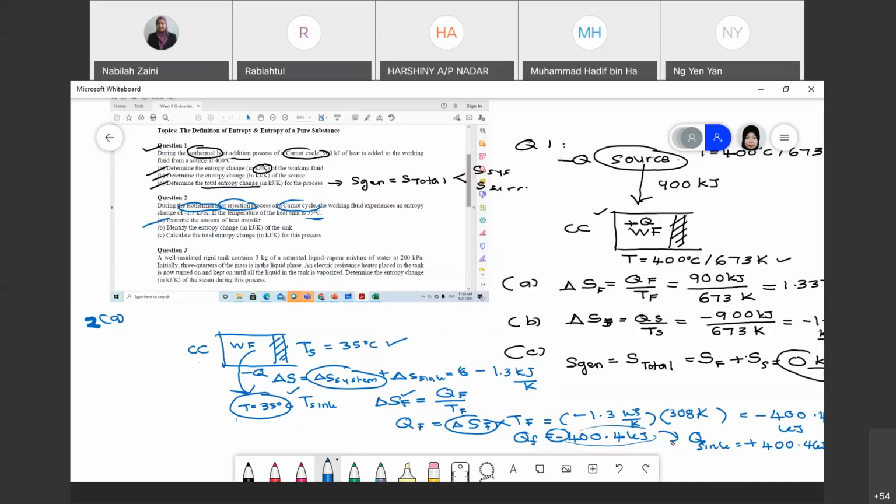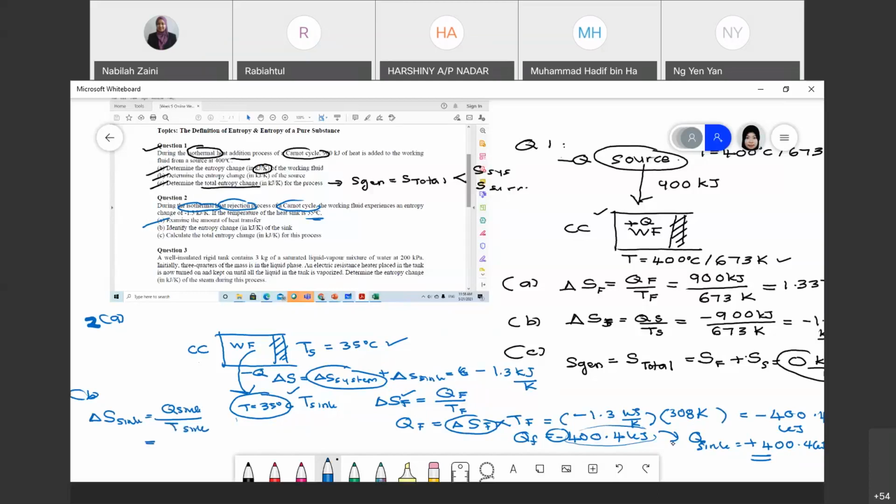Okay, then we move to B: identify the entropy change of the sink. Since the heat transfer to the sink is 400.4 kilojoule, the entropy change of the sink is Q sink over T sink.